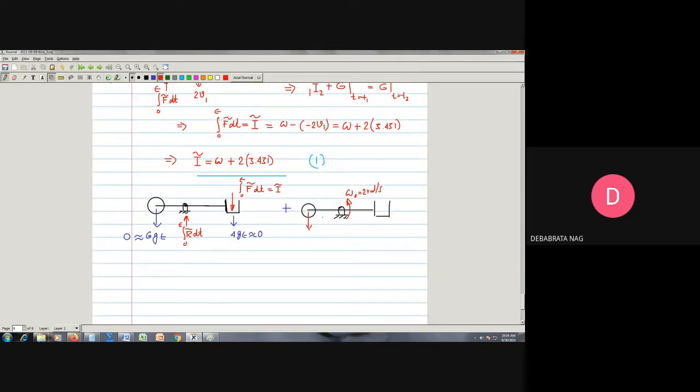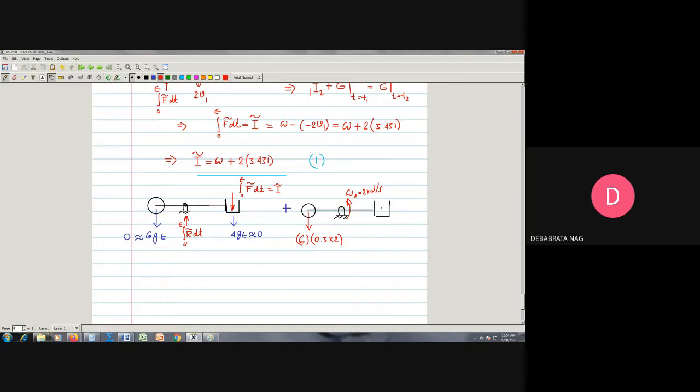Because of this anti-clockwise velocity, this is going to be equal to 6 into 0.3 into 2. That is the velocity of this sphere, because omega 0 is 2 radian per second, and this is its linear momentum.